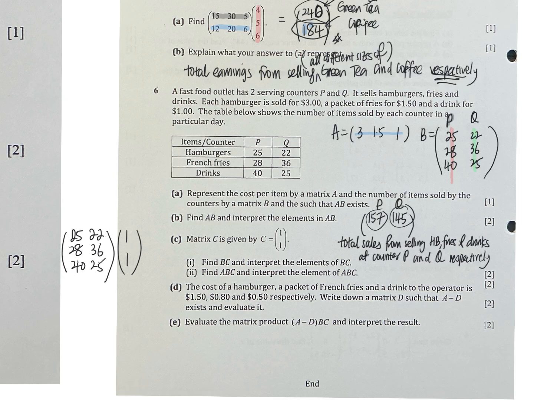So you imagine if I multiply horizontal by vertical, I am trying to add up the total number of hamburgers being sold. Can you see that? If I multiply the red row with the 1, 1, I'm trying to add up the second row together. So I'm trying to find out the total French fries sold. And then the last one is the total drinks sold at both counters.